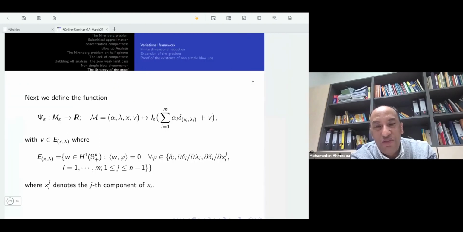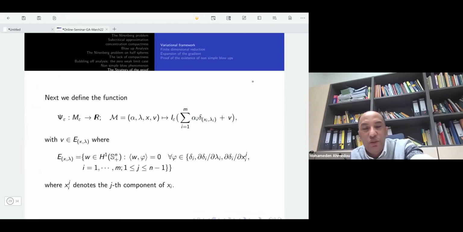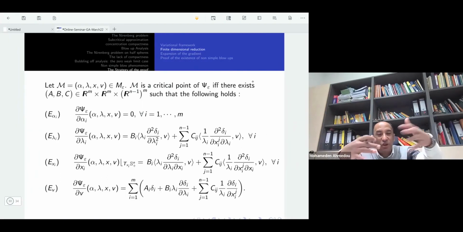So you have to have a finite-dimensional reduction, and for this you would first like to have a solution. If you have a solution with this constraint, because V is now orthogonal to the tangent space, you will also have some Lagrange multipliers, so this is bi, ai, and ci.